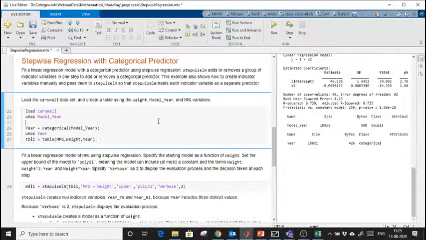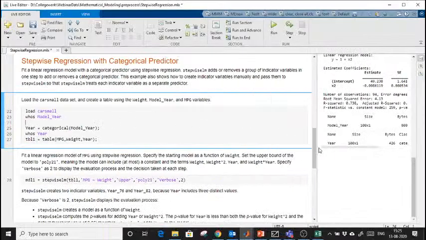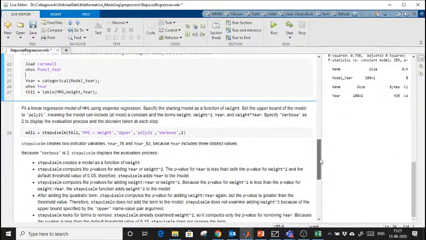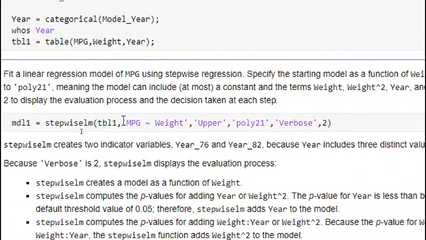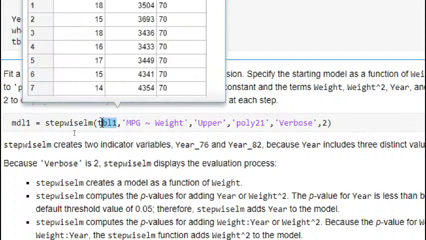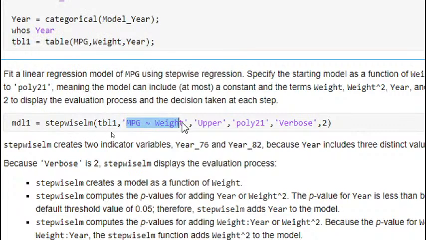Fine. Now to use stepwise linear regression, the simple command is here, stepwiselm. This is my table, and here you see I assigned the mathematical equation, what kind of mathematical equation I want. In this case, it shows that it will start from weight, then it will go for acceleration and model year also. So I am starting from weight, so mpg is equal to weight.